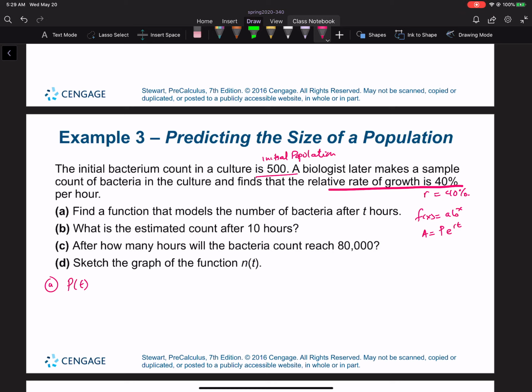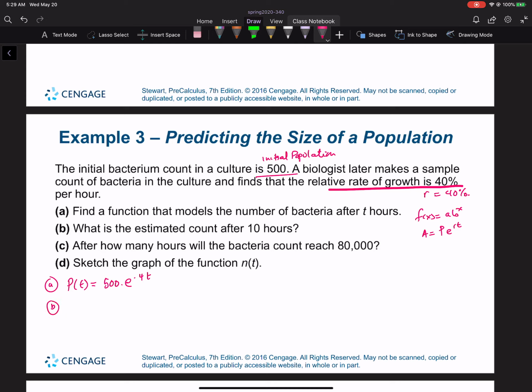So P of t is equal to 500 times e to the 0.4 t, since they tell us the rate is 40%, so that's 0.4. All right, so that becomes the equation.